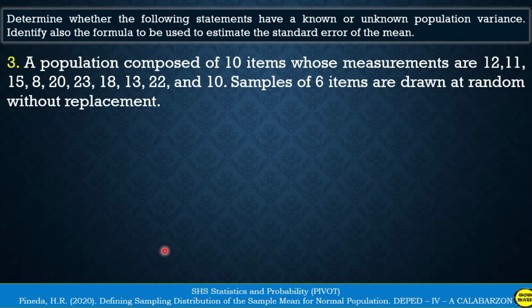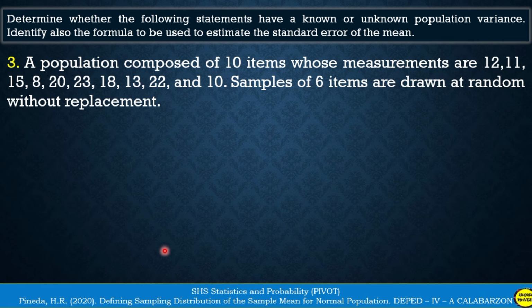Okay, another example. A population composed of 10 items whose measurements are 12, 11, 15, 8, 20, 23, 18, 13, 22, and 10. Samples of 6 items are drawn at random without replacement.